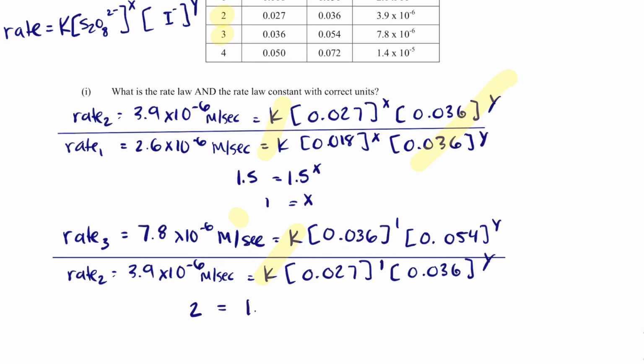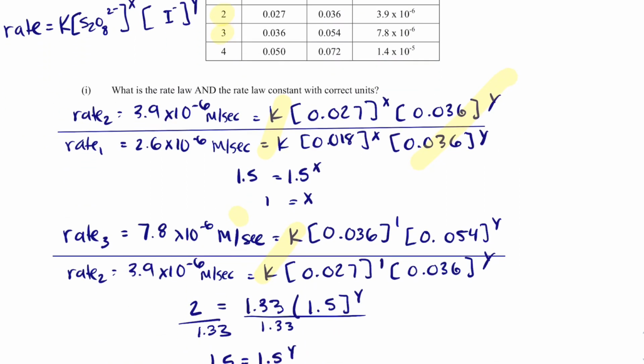That is 1.33. And then 0.054 divided by 0.036, that's going to be 1.5 to the y power. I'll divide each side by 1.33. 2 divided by 1.33 is approximately 1.5, and that equals 1.5 to the y power, so y is equal to 1.